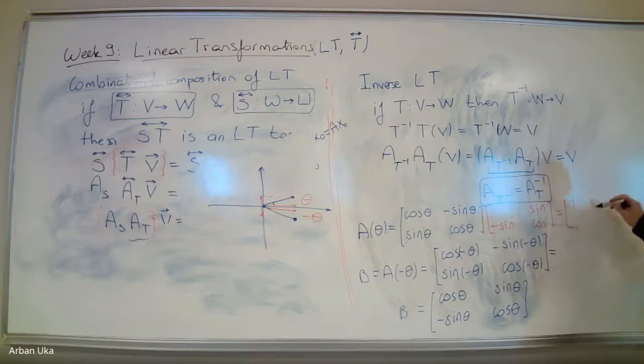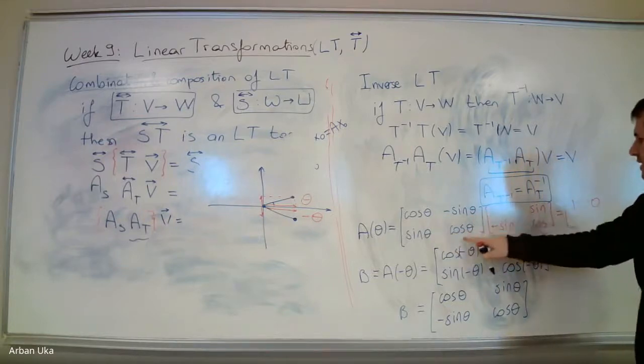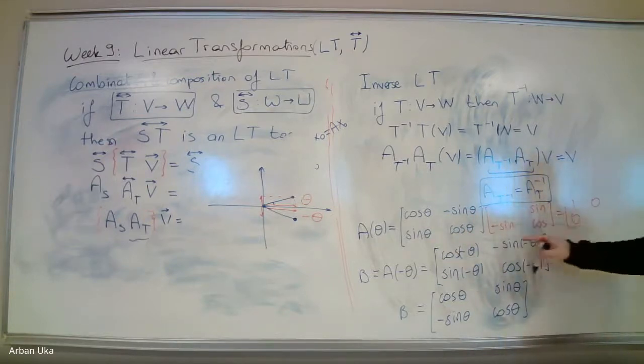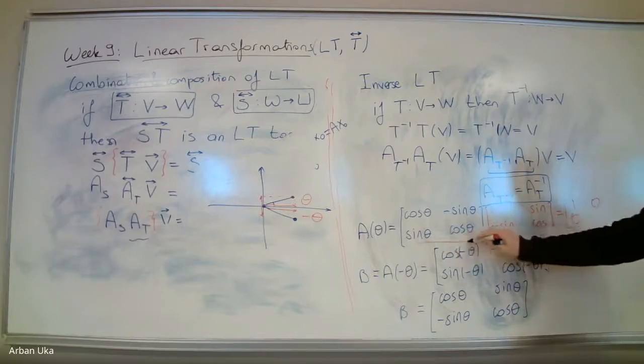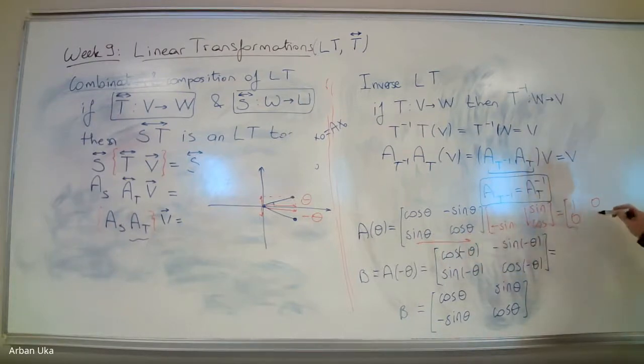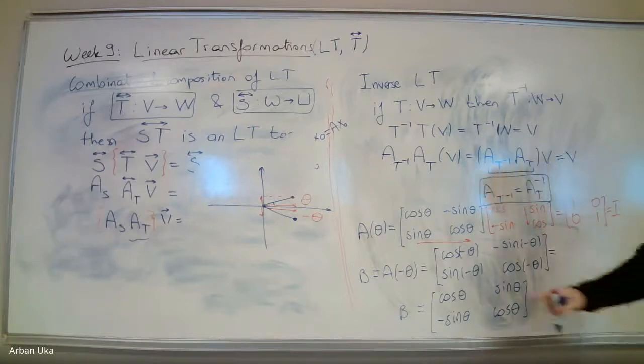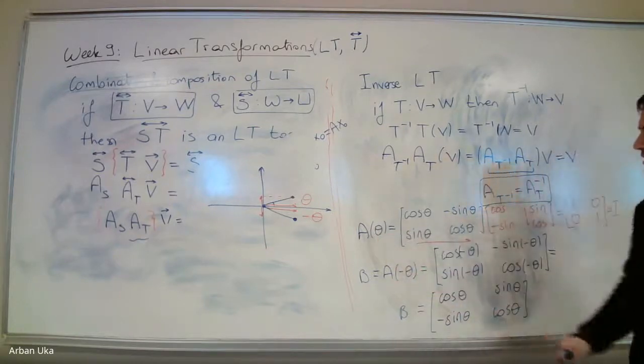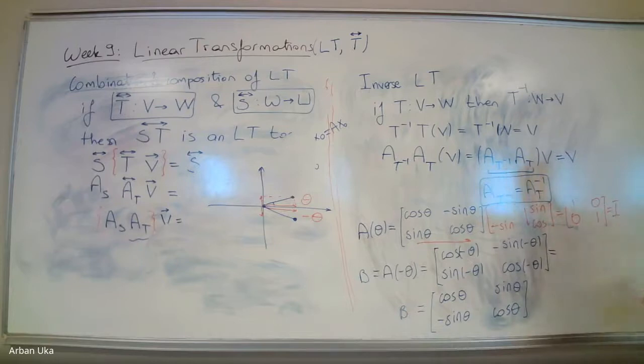Cosine sine minus sine cosine is 0. Sine cosine minus sine cosine is 0. Let's do this one carefully: this row with this column is sine squared plus cosine squared, which is 1 again. So it looks like the rotation matrix times its inverse rotation matrix gives the identity matrix. Okay.